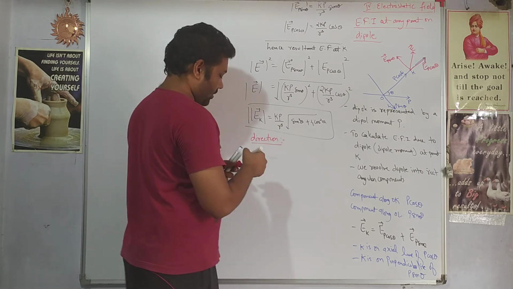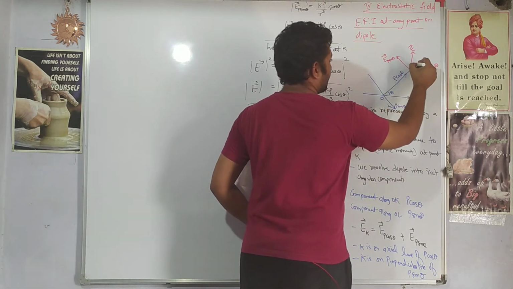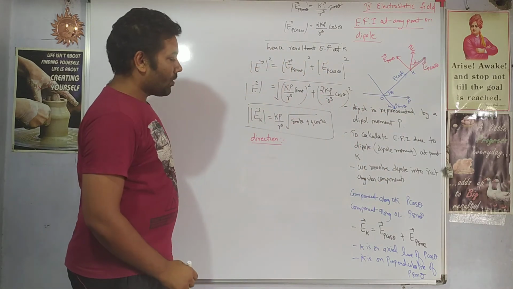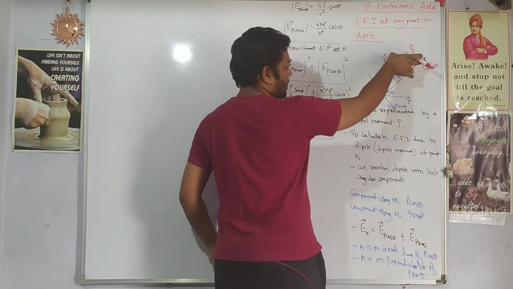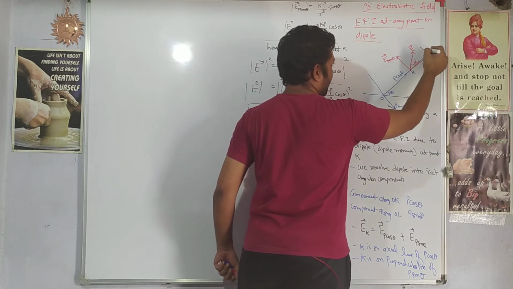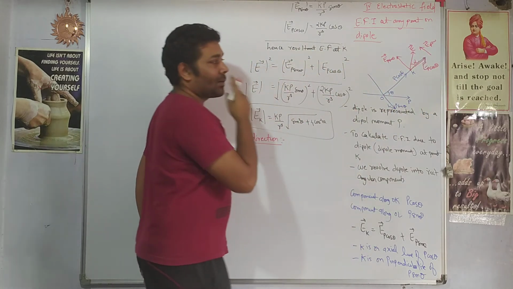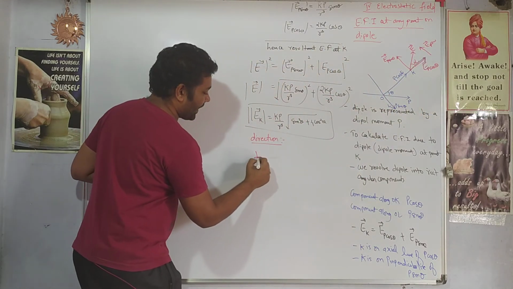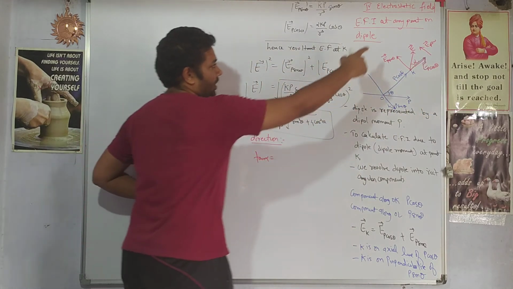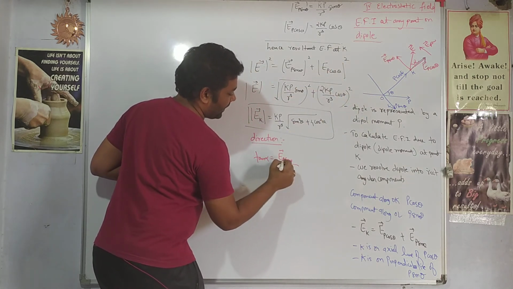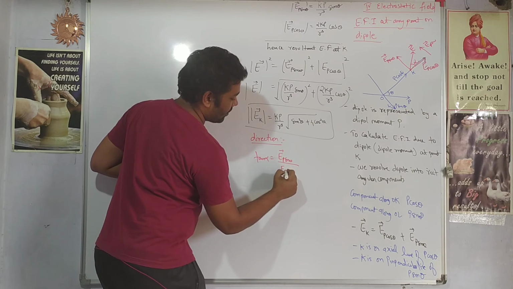For direction, let us assume that the net electric field makes an angle alpha with the EP cos theta. So parallelly shifting this component in this direction and applying the formula for tan alpha, right? Perpendicular is P sin theta and base is cos theta.